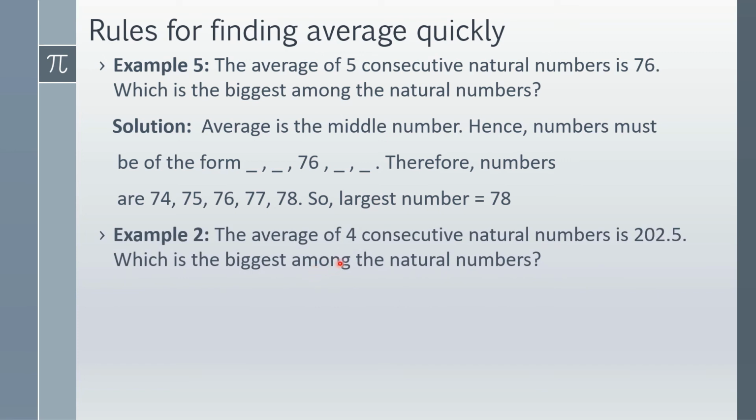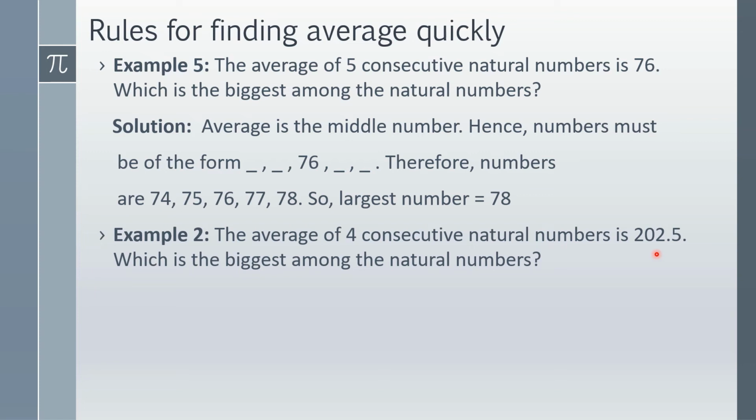Now we'll do another problem of this model. So here we're given the average of 4 consecutive natural numbers and it is given to be 202.5. We need to find the biggest among the natural numbers. We know that the average is the middle number, but here the average is 202.5. It is not a natural number, so there must have been 2 middle numbers. Now what would have been those 2 middle numbers?